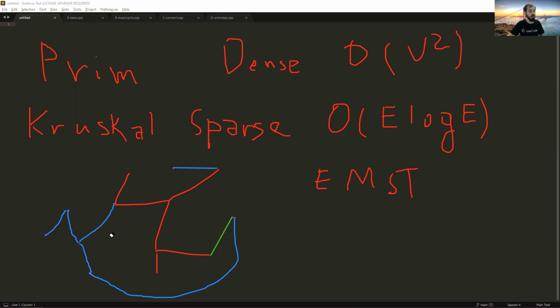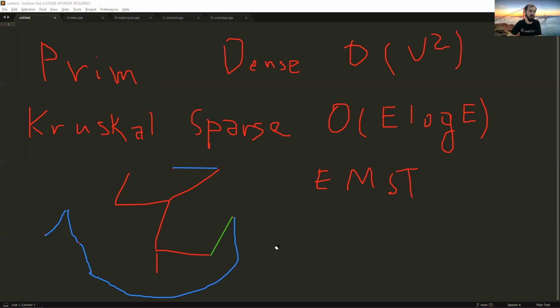And this edge is longer than our green edge, because the green edge is currently the shortest edge from the red connected part to other vertices. So this edge is longer than this. It means that this MST is worse than this because we removed a longer edge and added a shorter one. We again came to a contradiction. So indeed, we need to add this green edge.